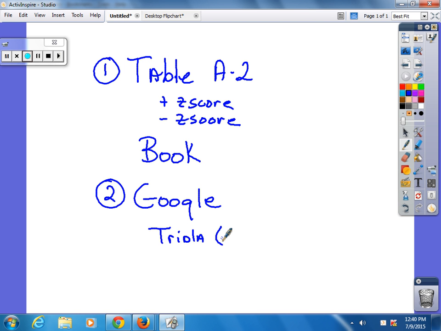I think it's 12th edition. So, 12th edition z-score table. You type that in and it will come up, and of course you only have 2, the positive z-score and the negative z-score. You print both of those out and you've got it that way. You do it from your homework.